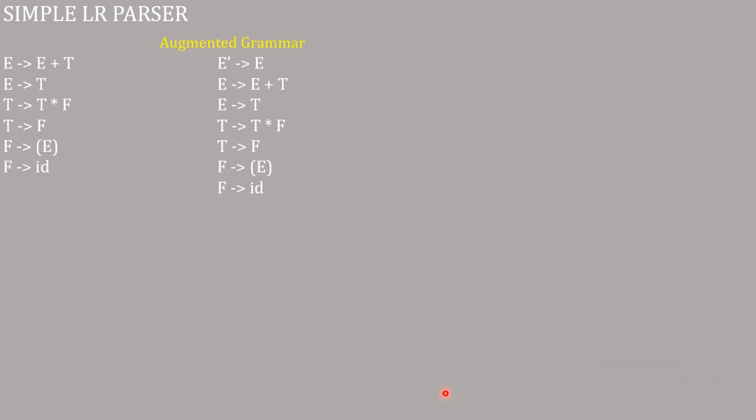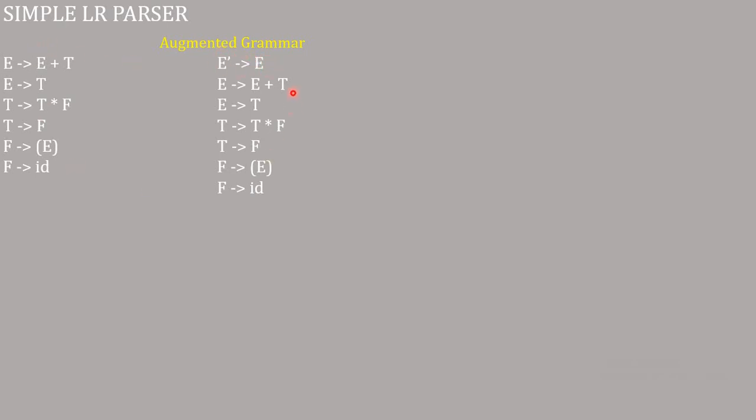In our case, E is the starting symbol. Now we are introducing a new production, E' tends to E. So E' is a new symbol and this symbol is leading to the starting symbol of the grammar. Once we introduce this, the grammar will be an augmented grammar.